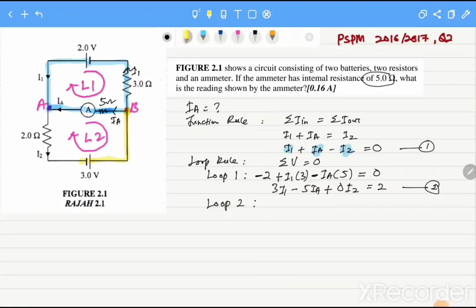Because I go from high potential to low potential in the battery, the voltage drop in the battery is -3. Okay, then I continue to travel. In the 2 ohm resistor, I'm going in the opposite direction to current I2. So the voltage will increase. So positive I2 times 2.